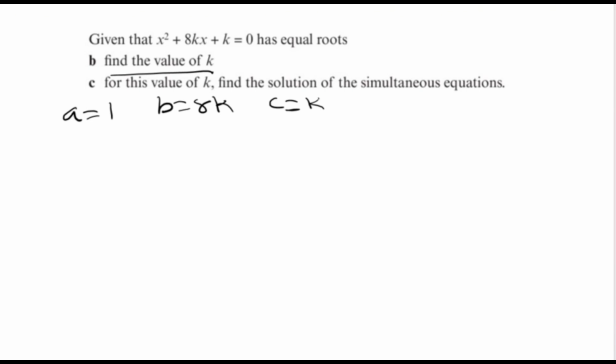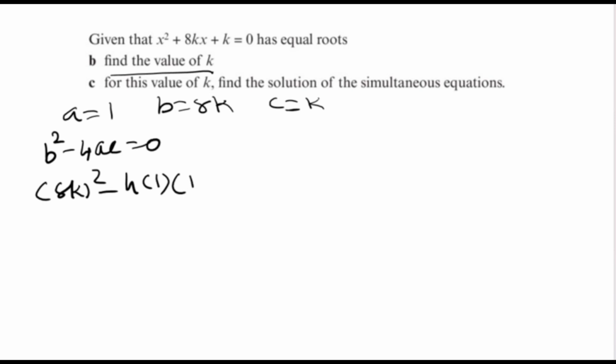Because it has equal roots, I can write b squared minus 4ac is equal to 0. So 8k squared minus 4k is equal to 0. So 8k squared gave me 64k squared minus 4k equal to 0.